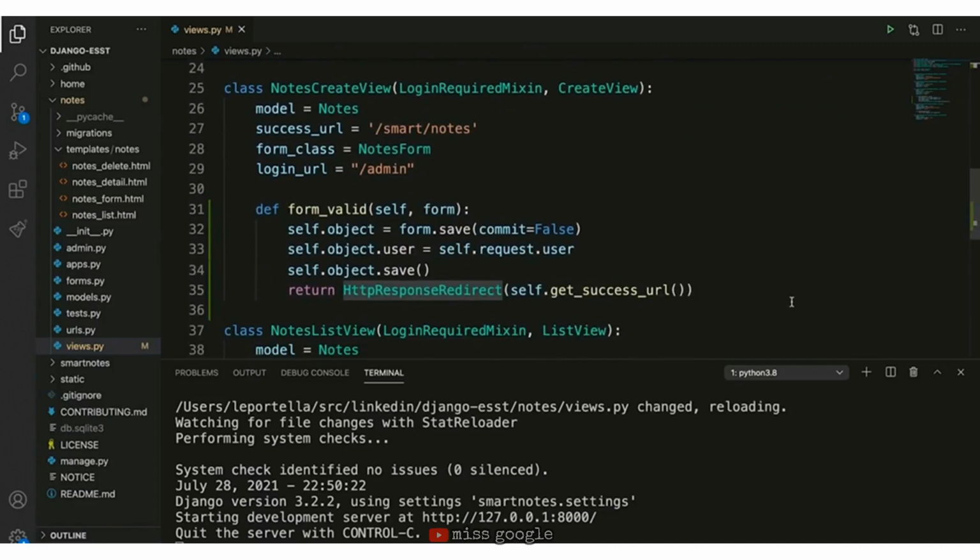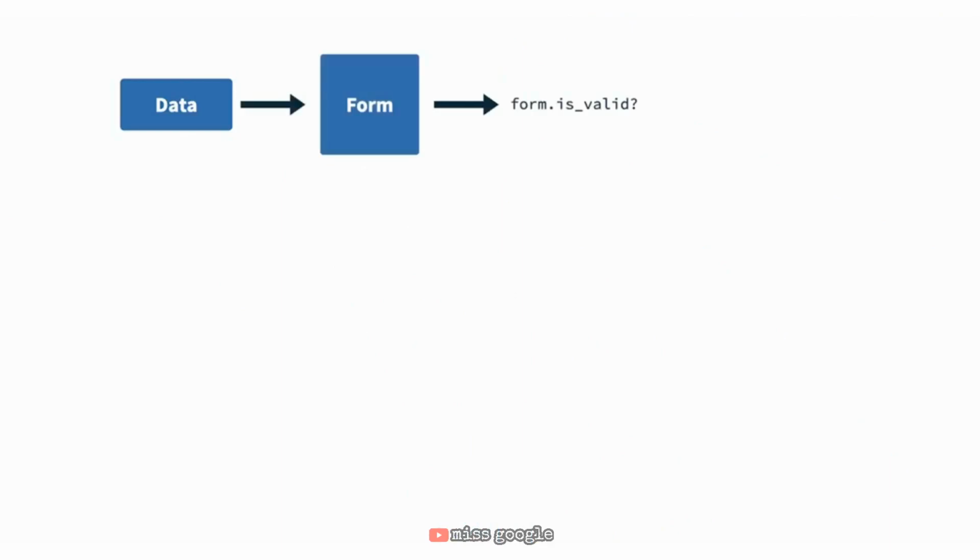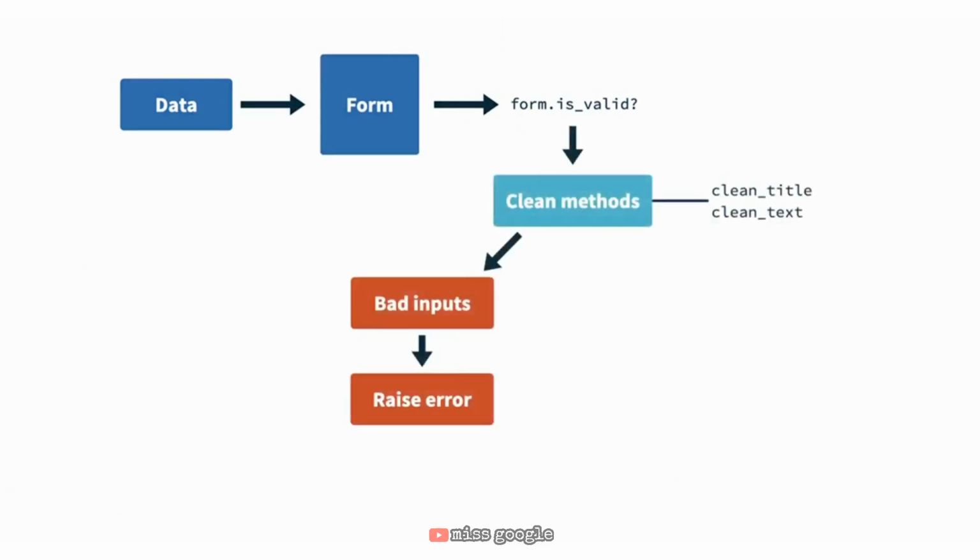Okay, so that was a little bit tricky. Let's understand what's going on here. The data is sent by the user, passed inside the form, which asks a simple question: is this data valid? To see if the data is valid, the form calls a couple of methods that start with clean, like clean_title and clean_text, like the one we changed before.